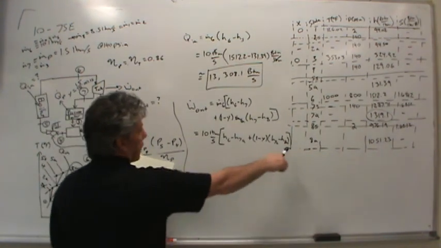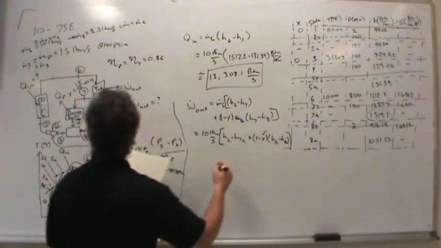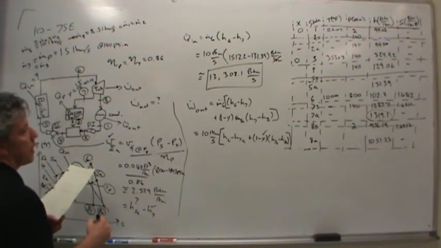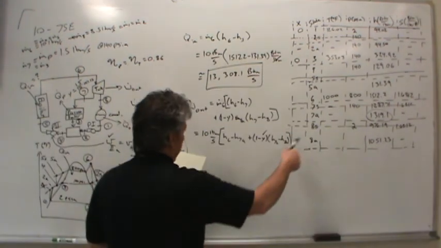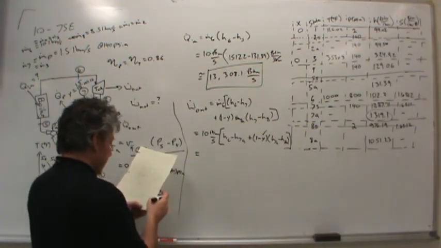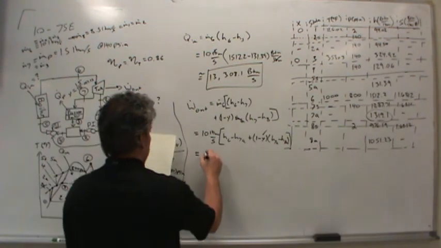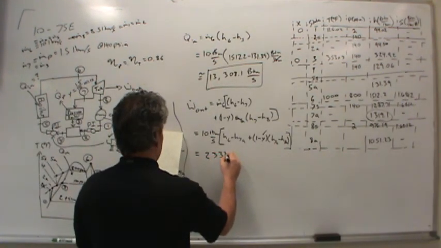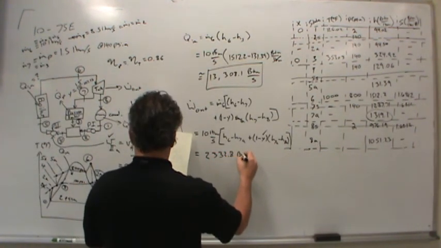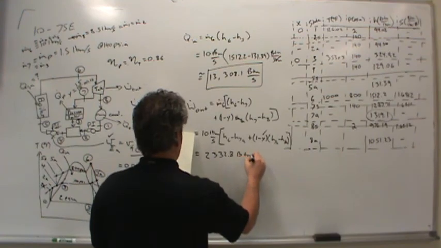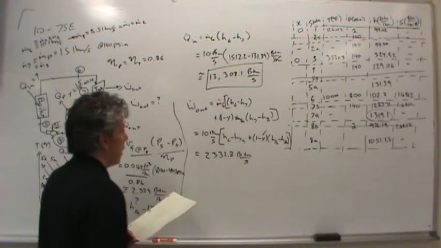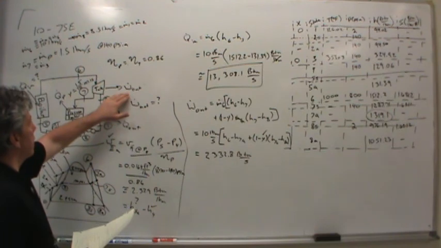Okay, so you've got all of these numbers. Y, of course, is still 15%, 0.15, and you've got the enthalpies from the chart over there. So I got 2,332.8 BTUs per second, but that's just the power output from the turbine.